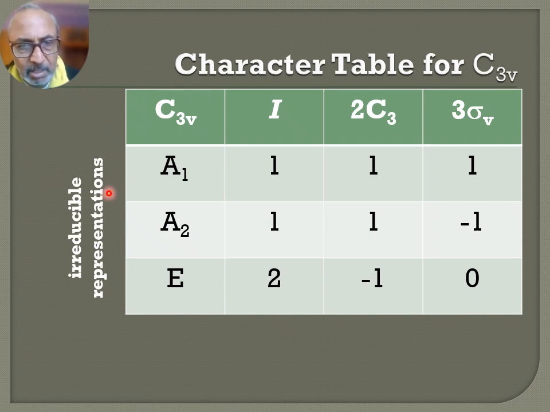A and B are common notations for one-dimensional irreducible representations, whereas two-dimensional irreducible representations are denoted by E.